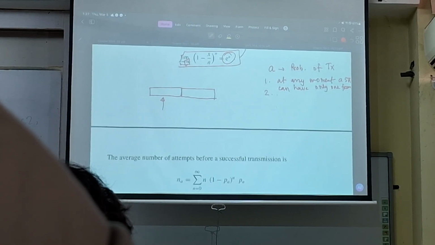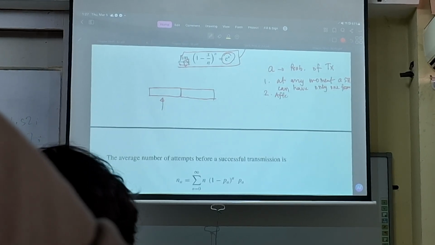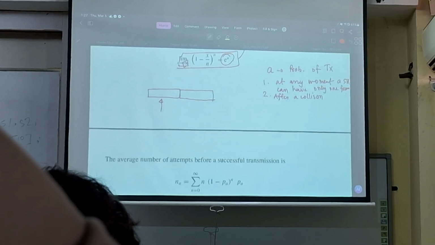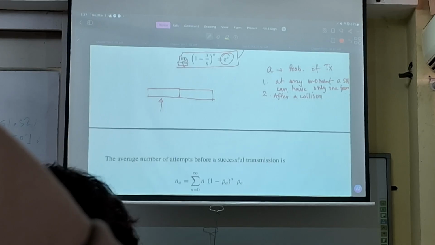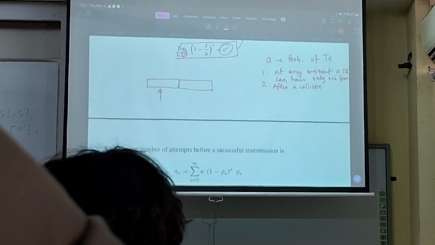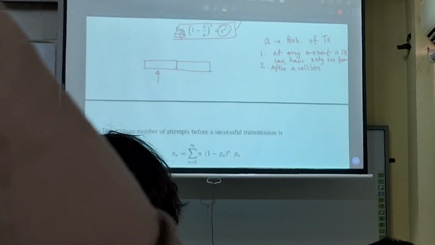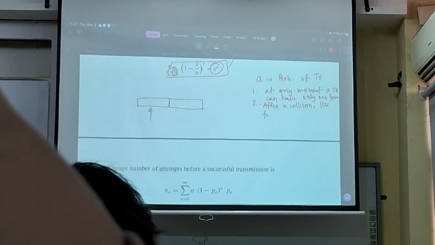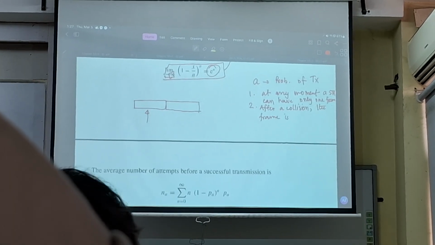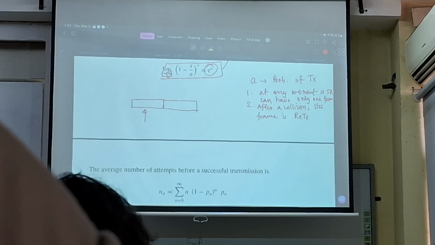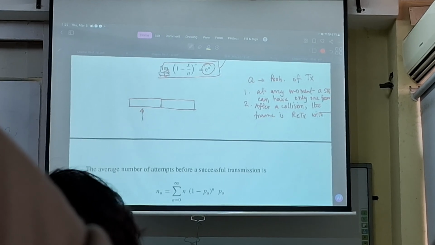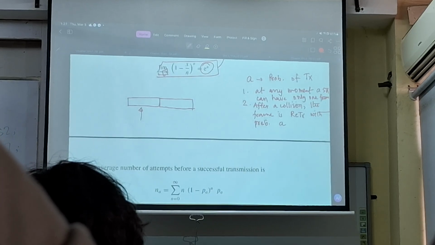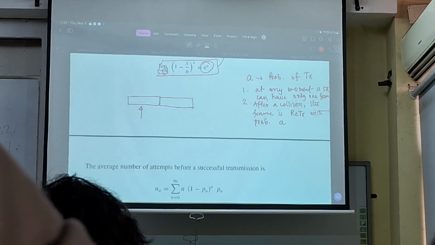The second thing is that after a collision, the frame is retransmitted with probability A. What is it?